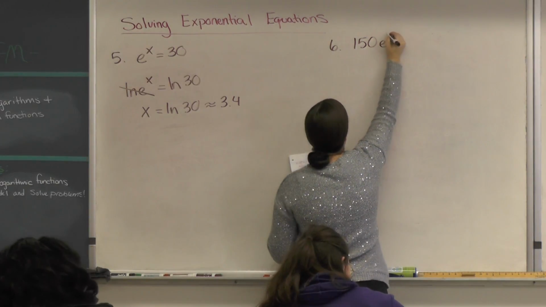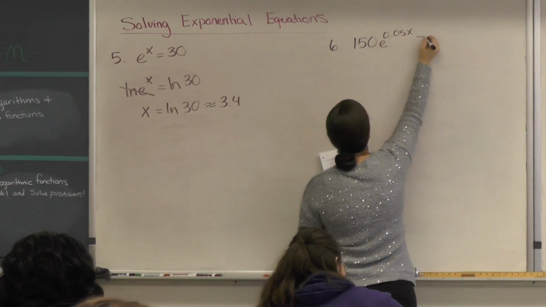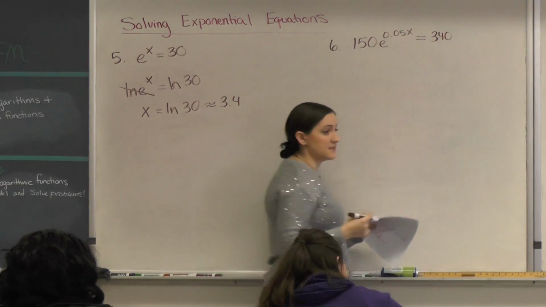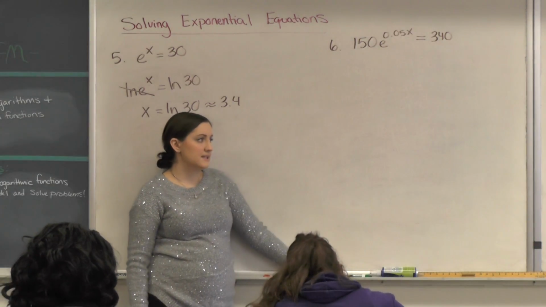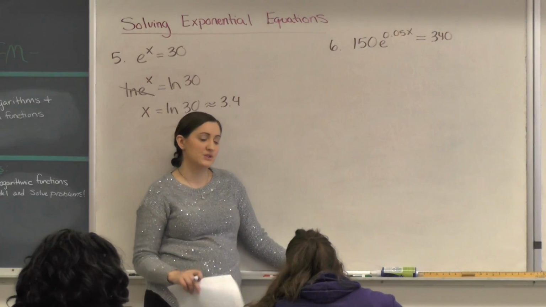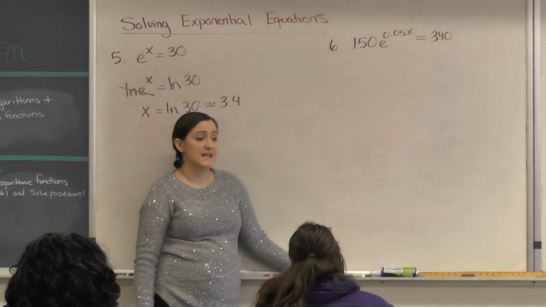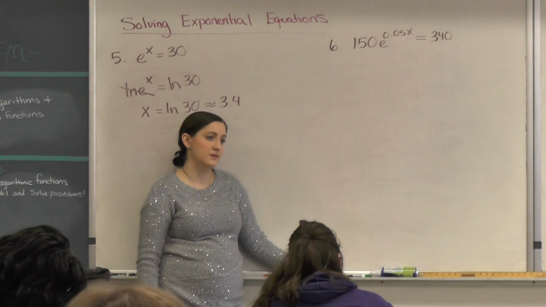Okay, this one's going to require a little bit more work. Still just as easy. Alright, so this time I'm going to need to actually do step 1. Okay, it is not isolated, it's not all by itself. Why is it not all by itself?